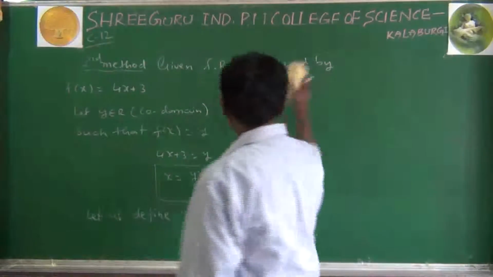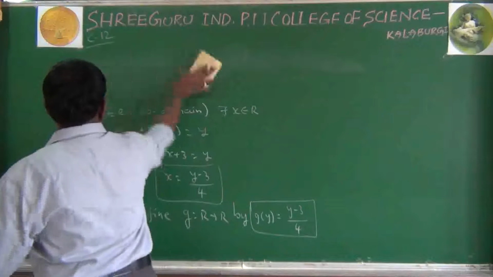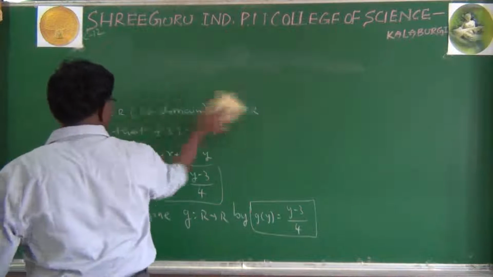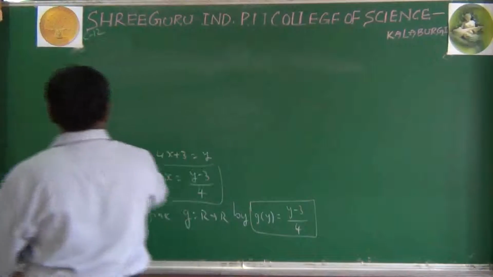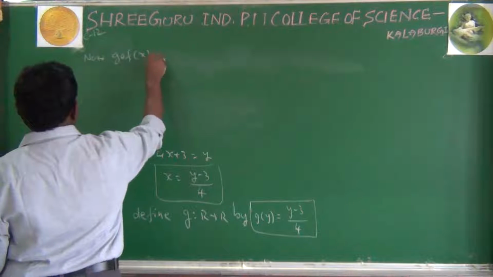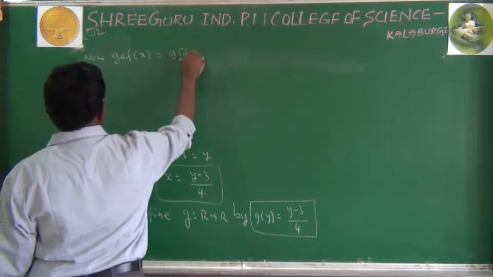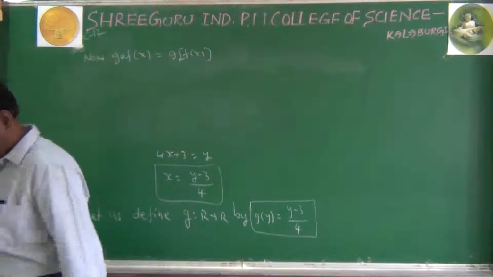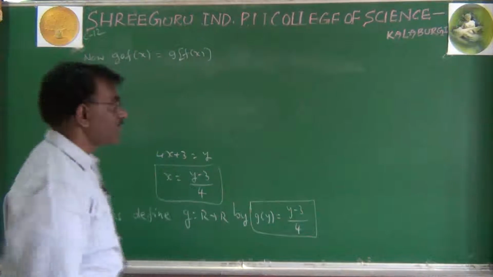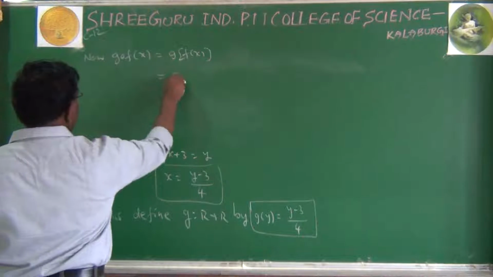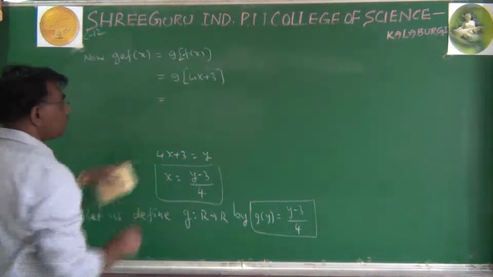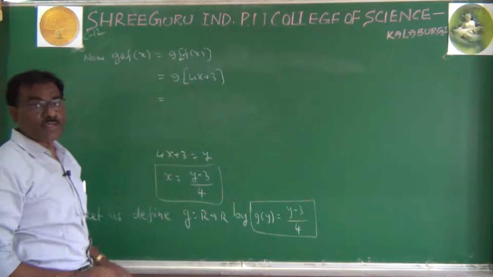Now g composition f of x equals g of f of x. We have to prove that g composition f of x is x only, the identity. That equals g of 4x plus 3.